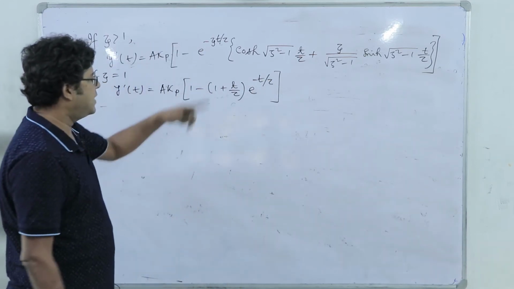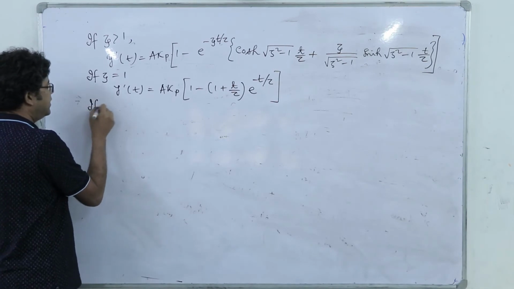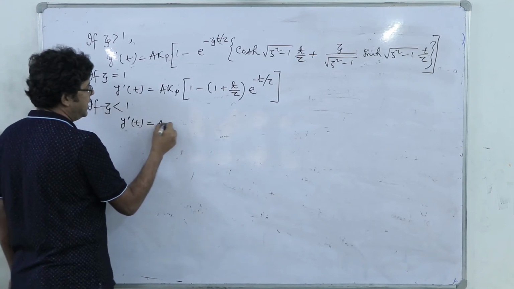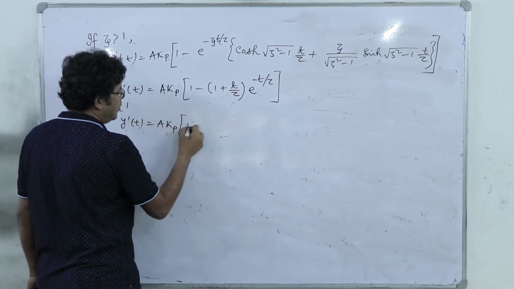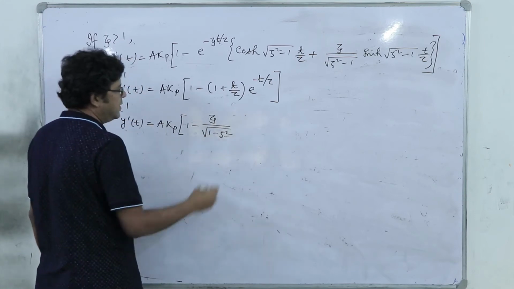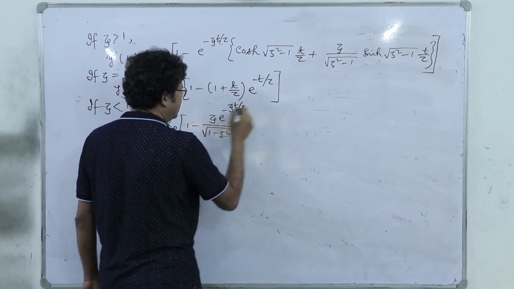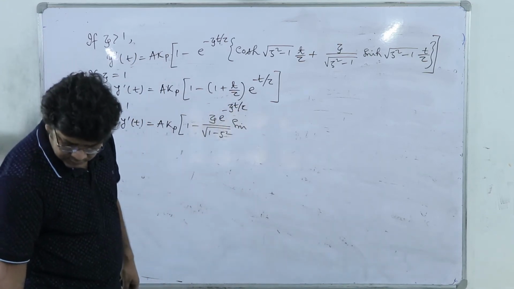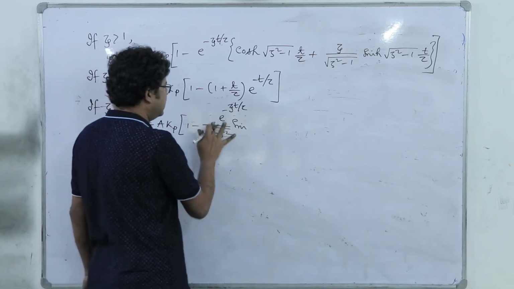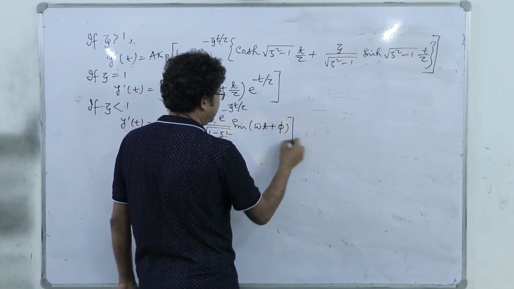So that is the critically damped response, and for the underdamped, that is if zeta less than 1, y prime t is equal to A Kp [1 minus e to the power minus zeta t by tau divided by under root of 1 minus zeta square] into sine of omega t plus phi.